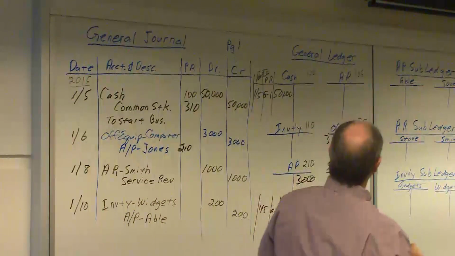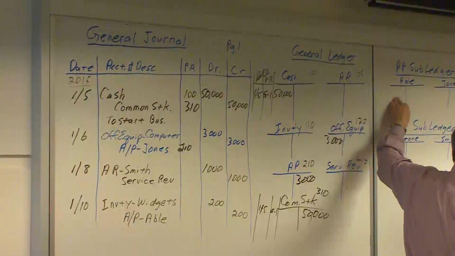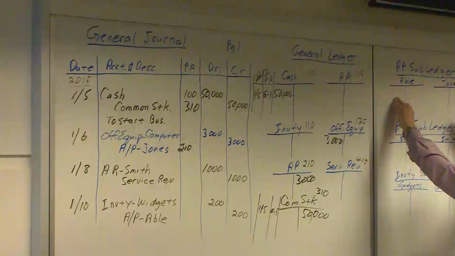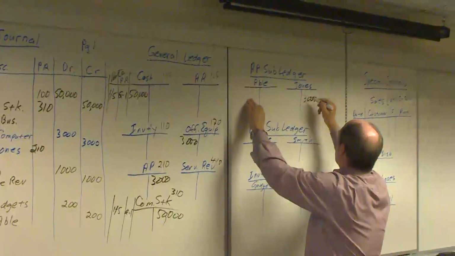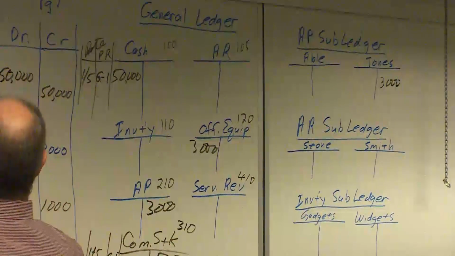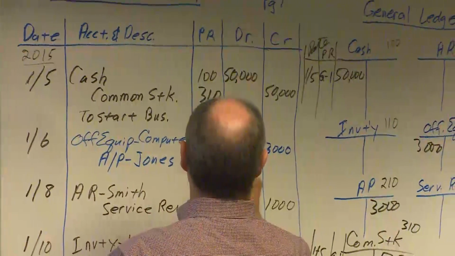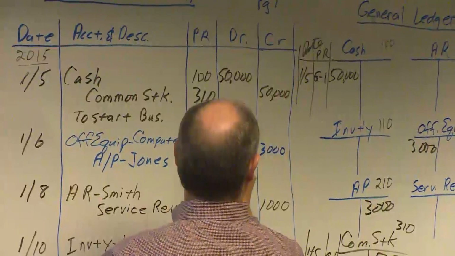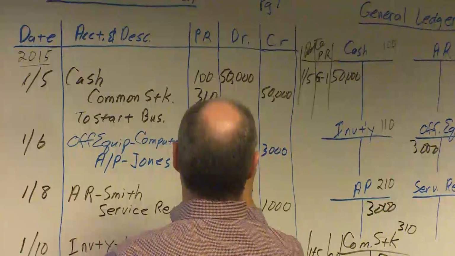But I'm also going to go over to something called the accounts payable subsidiary ledger, and I'm going to make an entry here as well. So that's going to be for $3,000. And then what I might do is just separate this out to where I have 310 and a check mark.